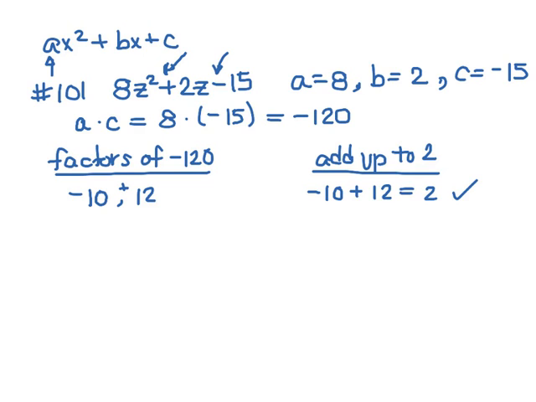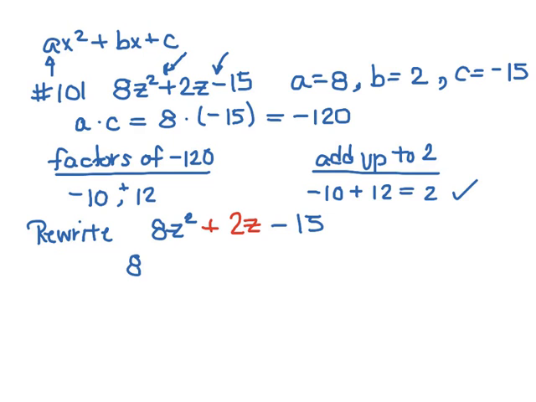What we're going to do then is rewrite our original problem. We're going to rewrite 8z squared plus 2z minus 15, and we're going to use our new factors.